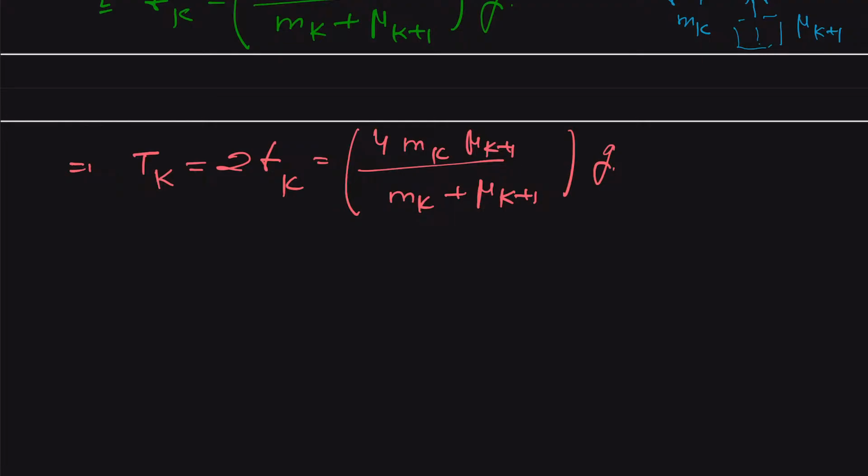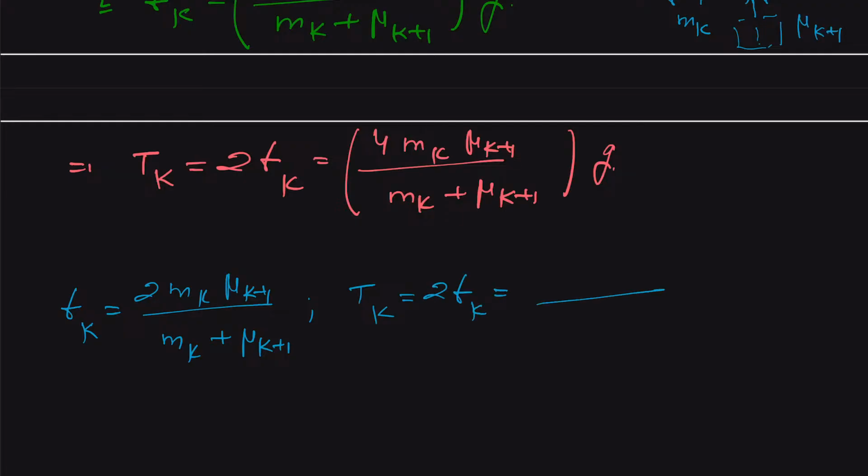So we derived that the tension in the individual string, that is our t of k, is twice mk mu k plus 1 divided by mk plus mu k plus 1, and tension in the main thread which is connected to the pulley axle is T of k, which is nothing but twice t of k. So this will be coming as 4 mk mu k plus 1 over mk plus mu k plus 1.